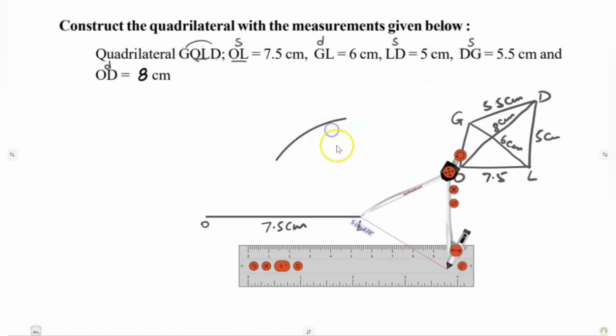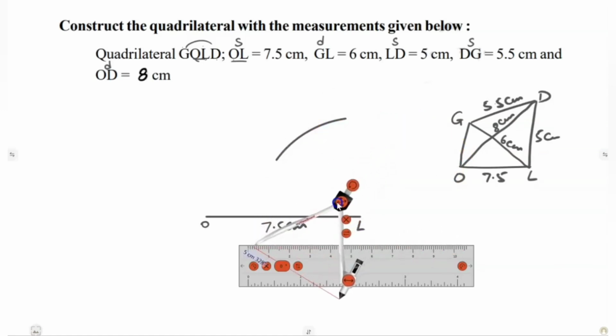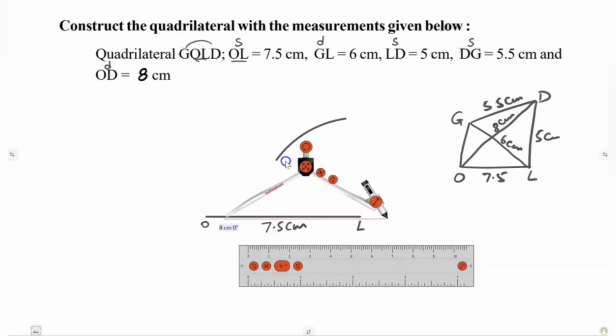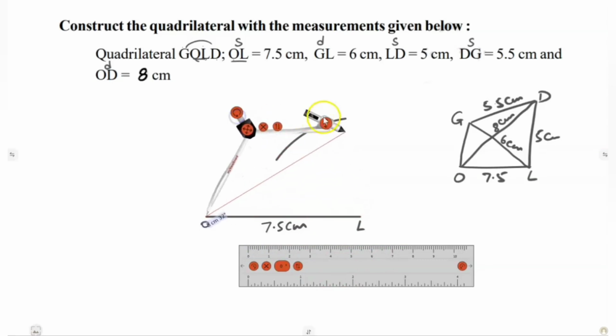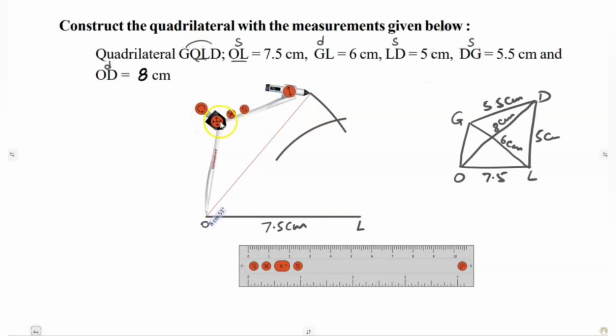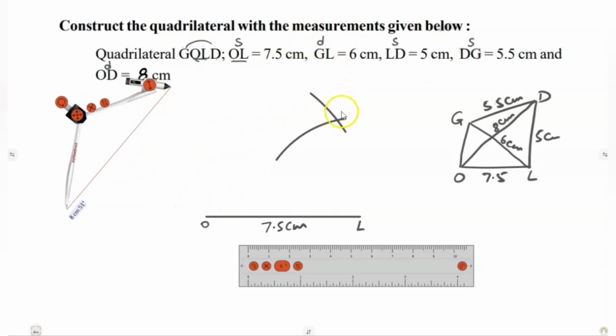Next, take a compass again and open the compass to 8 centimeters radius, because D is at 8 centimeters from O. So put it on O and draw an arc of 8 centimeters. Let the two arcs meet at point D. So join O to D, which is 8 centimeter, and join D to L, which is 5 centimeter.